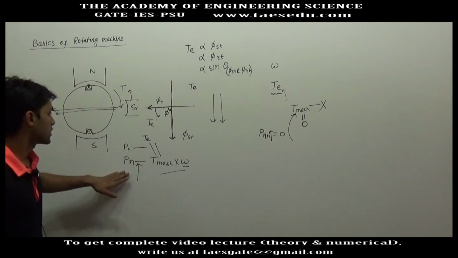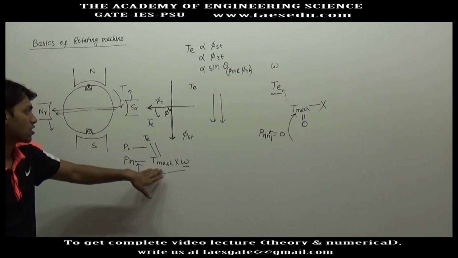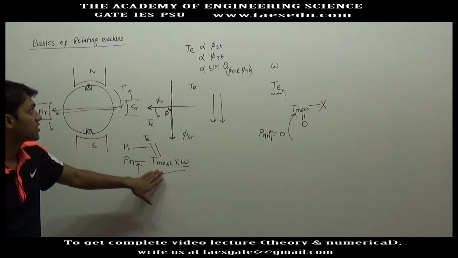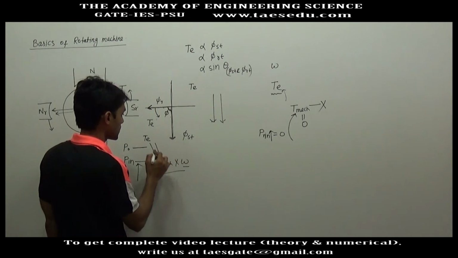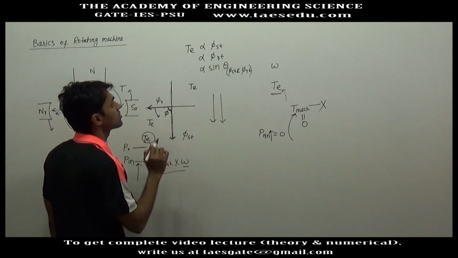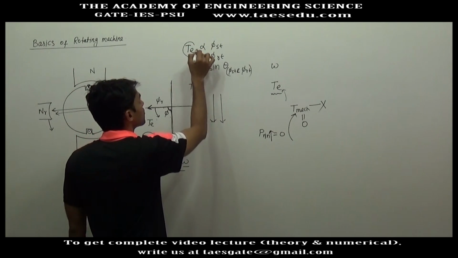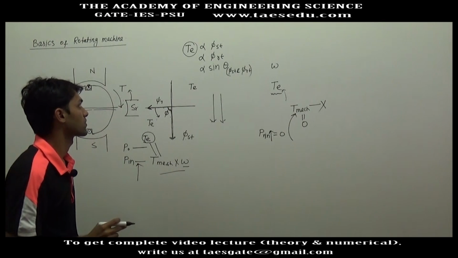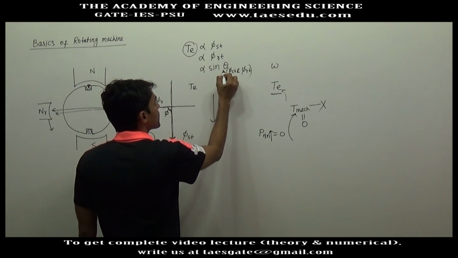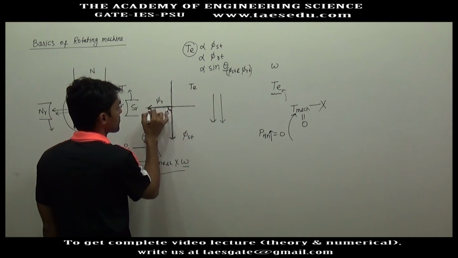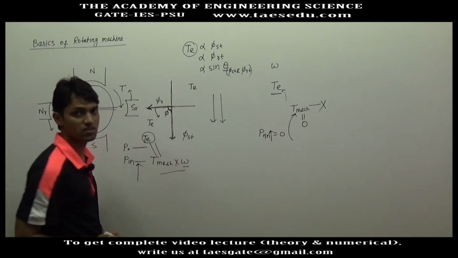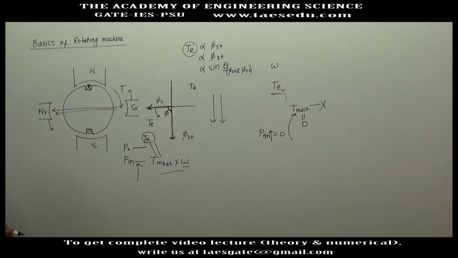So if you want constant output power, you will have to apply constant mechanical torque, and this is equal to constant electrical torque. So in a steady state, the electrical torque must be constant. To make it constant, the angle between the stator magnetic field and the rotor magnetic field must be constant.